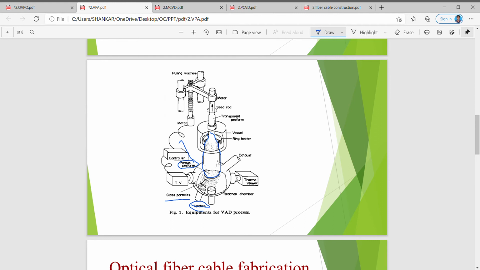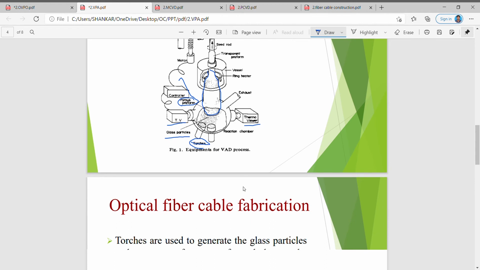We can observe that reaction by using the TV here, and another one is the thermoviewer. We can control it using this TV and thermoviewer, and observe the particles and their reaction.